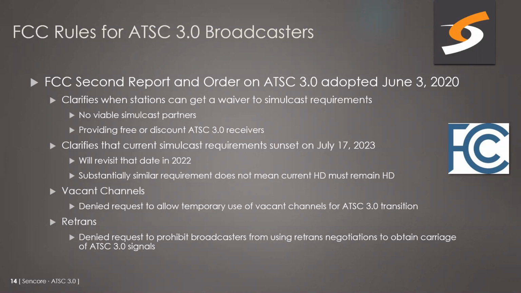The other big thing they clarified in that simulcast requirement is the term substantially similar, which was used in the original report and order to say what had to be in the 1.0 simulcast. In this second report and order, they clarified that substantially similar does not necessarily mean the same resolution.